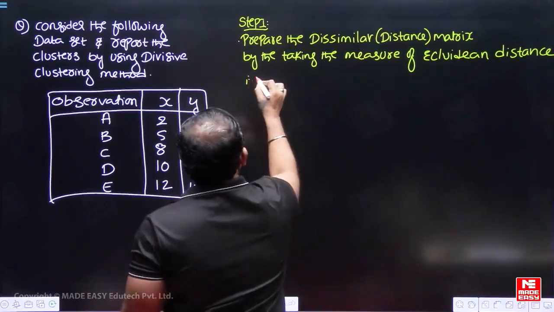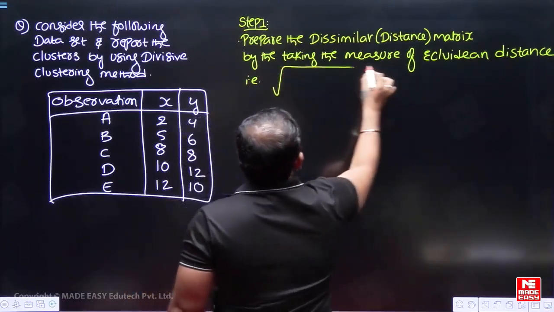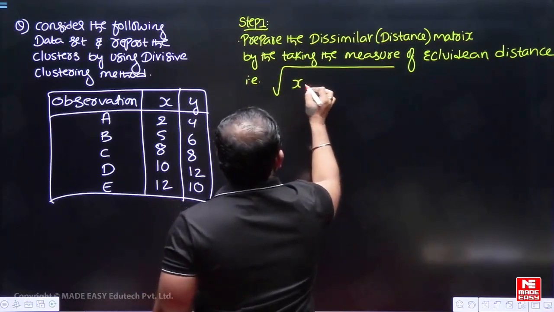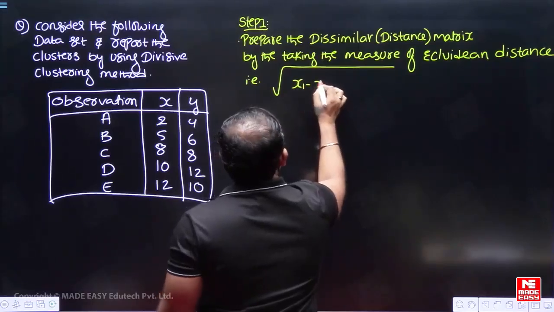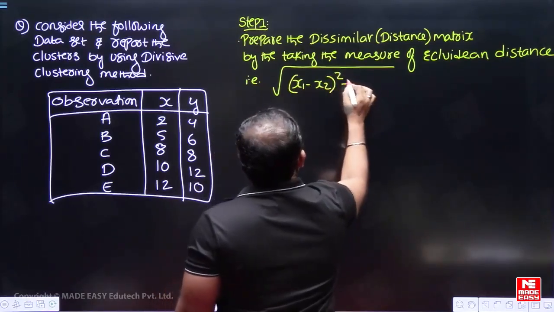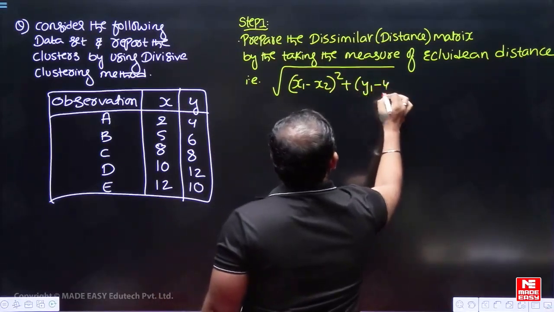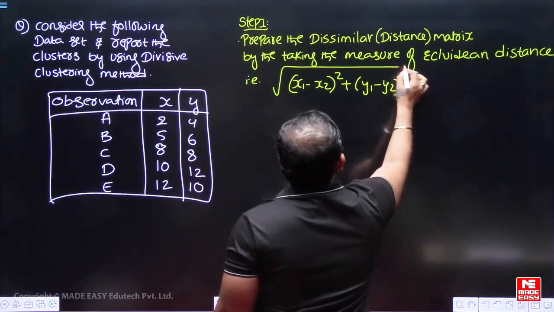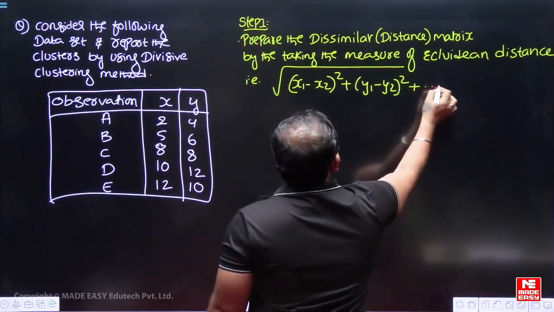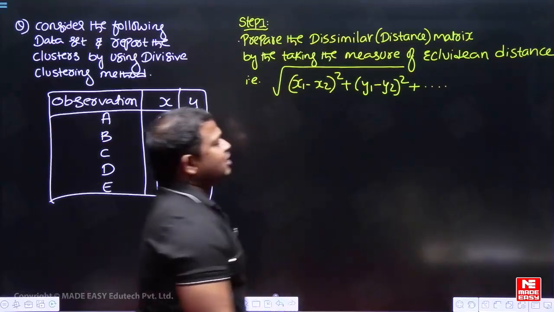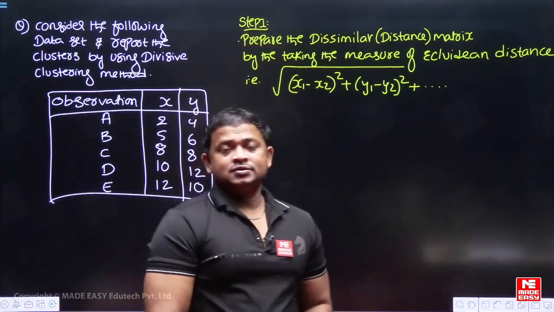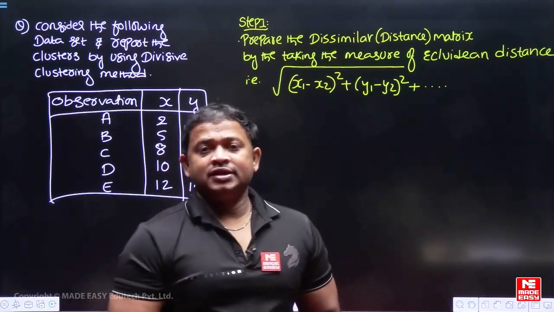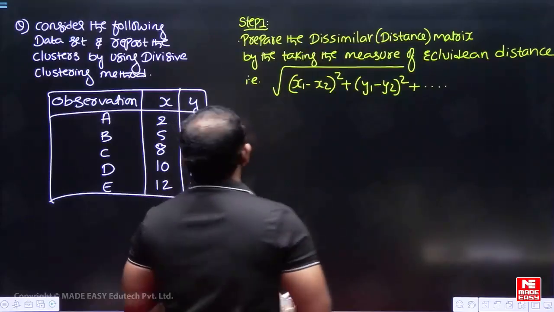That is square root of x1 minus x2 whole square plus y1 minus y2 whole square and so on. So these x, y, z, these all are the data points.